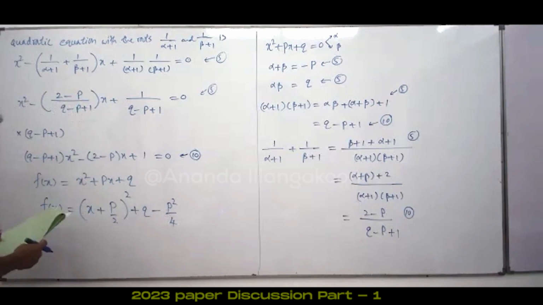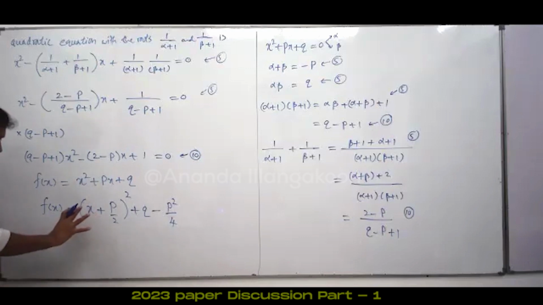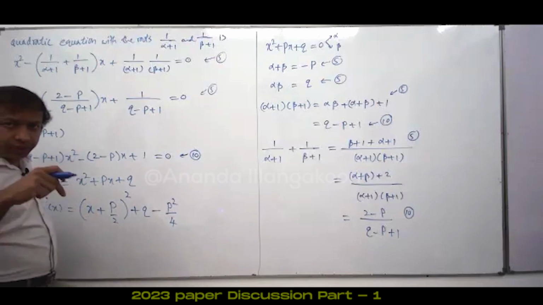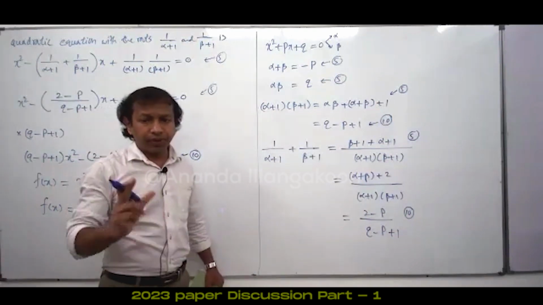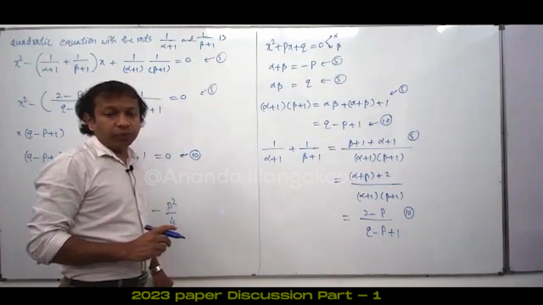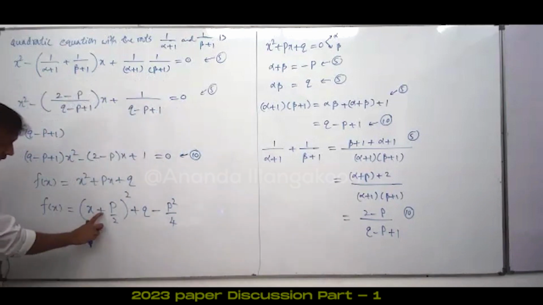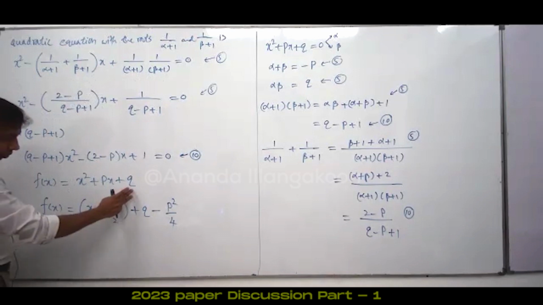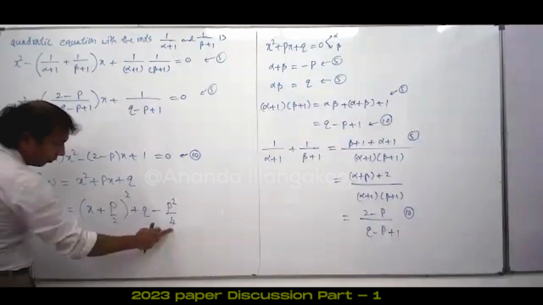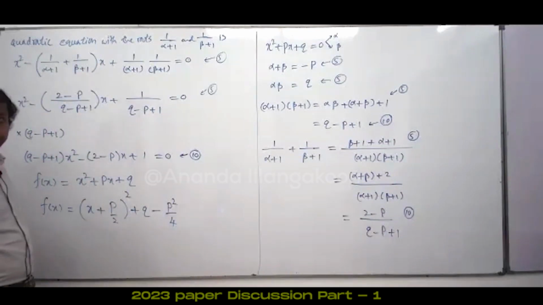Then, people, in the quadratic equation lesson we said the coordinates of the turning point, the vertex, x and y coordinates, we can obtain how? Taking the sign minus opposite, this gives the x coordinate. After the bracket, the rest gives the y coordinate.